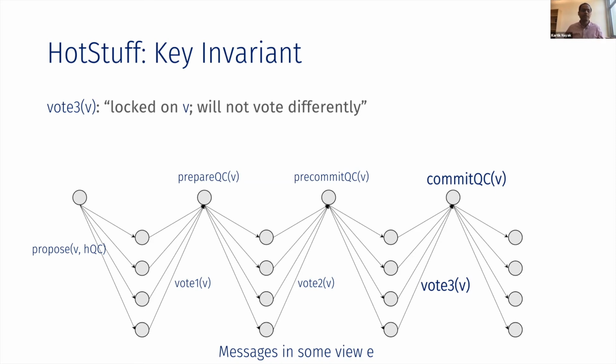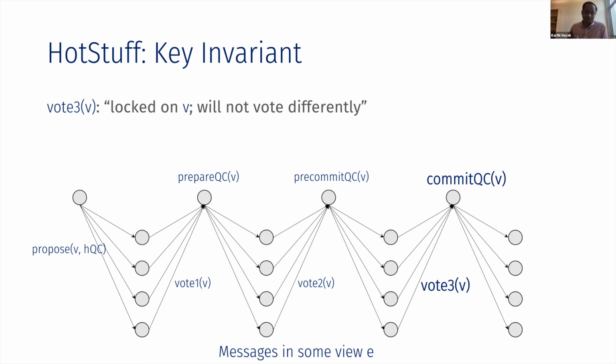When they do a vote 3, they're actually claiming that we are locked on V and we will not vote differently. This is what ensures that even in subsequent views, they will always vote for V, only QCs for V will be formed, and V will be committed. So when I vote, I'm making a promise that I will not vote differently.